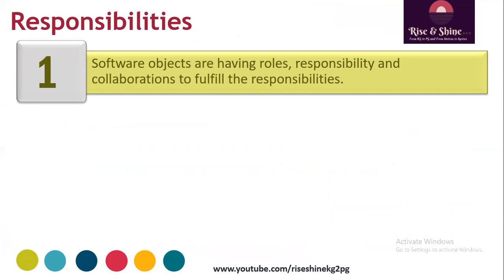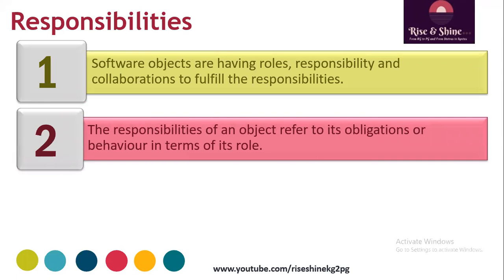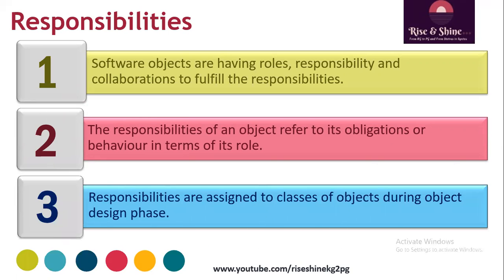The responsibility of an object refers to its obligation or behavior, the behavior of the object in terms of its role. All of you know software objects have some roles, some responsibilities, and to fulfill those responsibilities they have to collaborate with other classes or other objects.